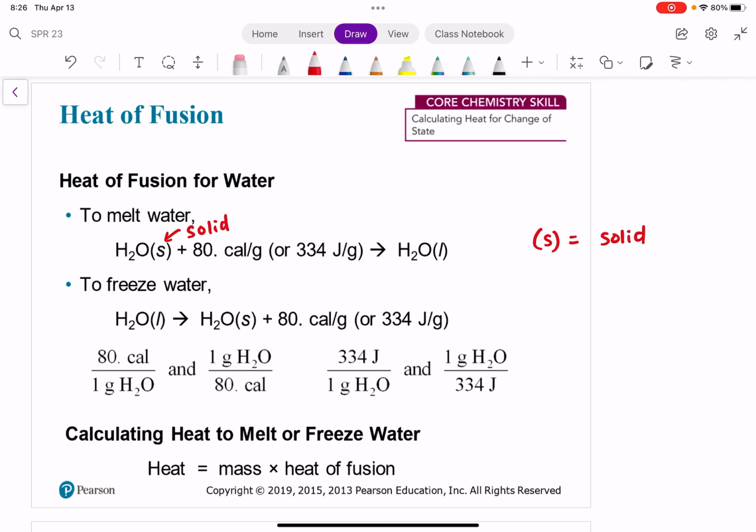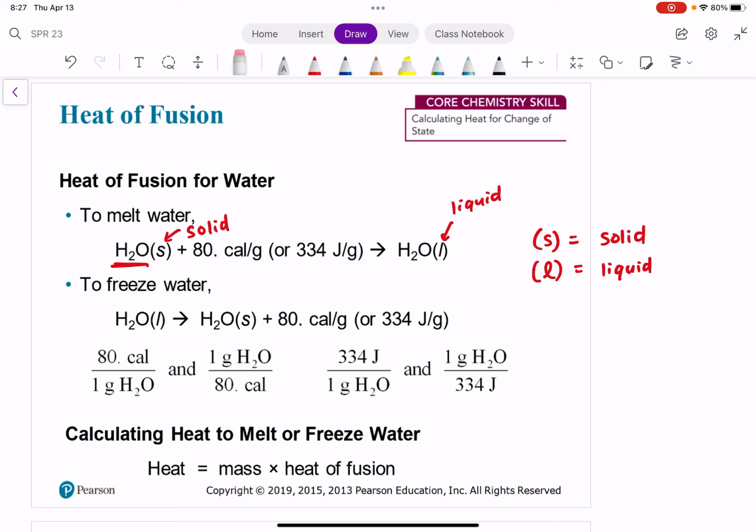So you have solid water. Over here, that L stands for liquid, and you'll see this often. It's kind of like a cursive L. You can put those subscripts after any compound or chemical just to let people know it was in the solid form and now it's turning into a liquid.